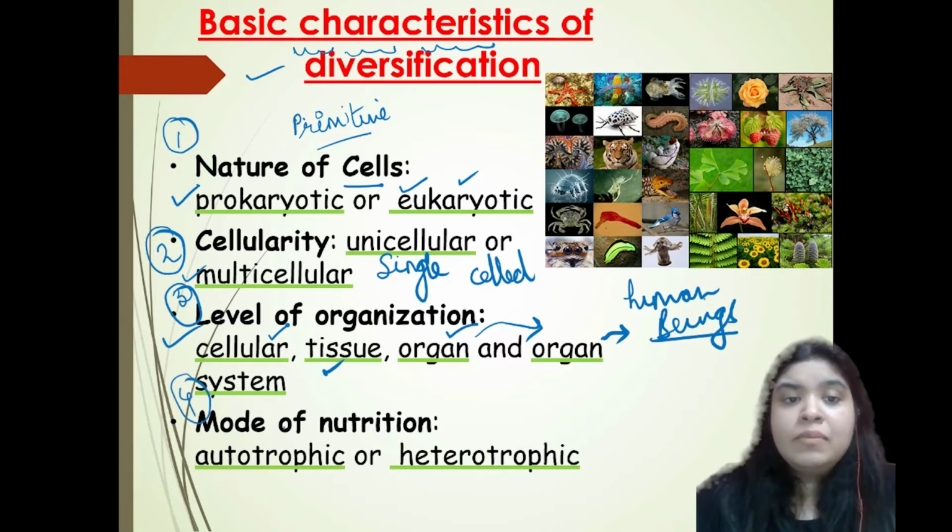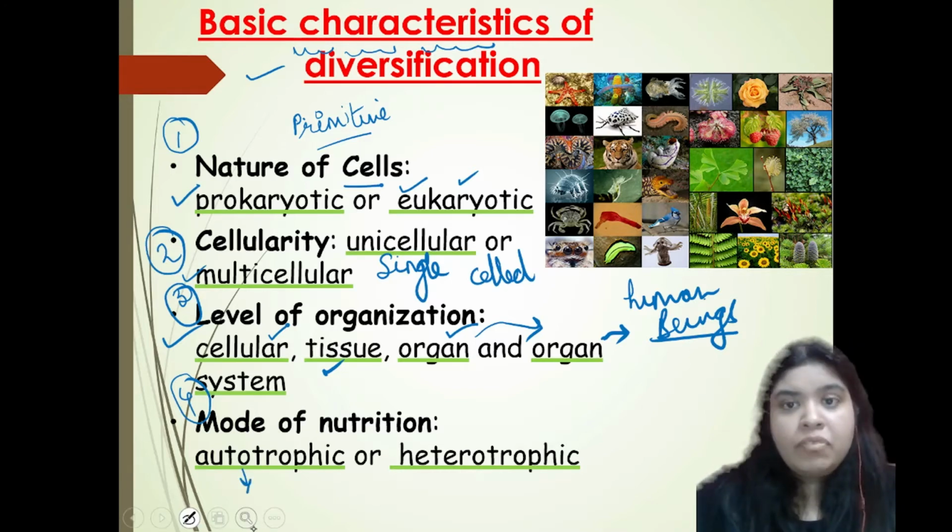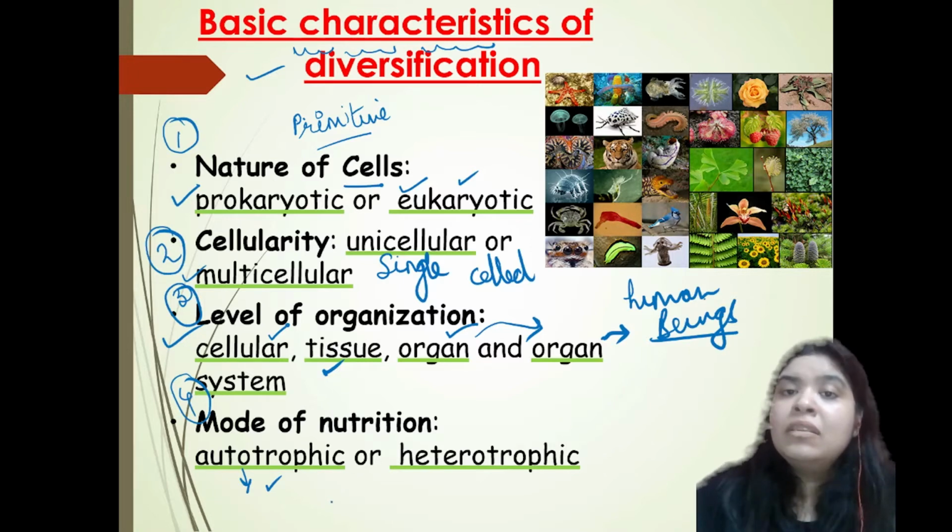Now, the next is the mode of nutrition. Some of the organisms are autotrophic, they are the producers. They can be either photoautotrophic or chemoautotrophic.